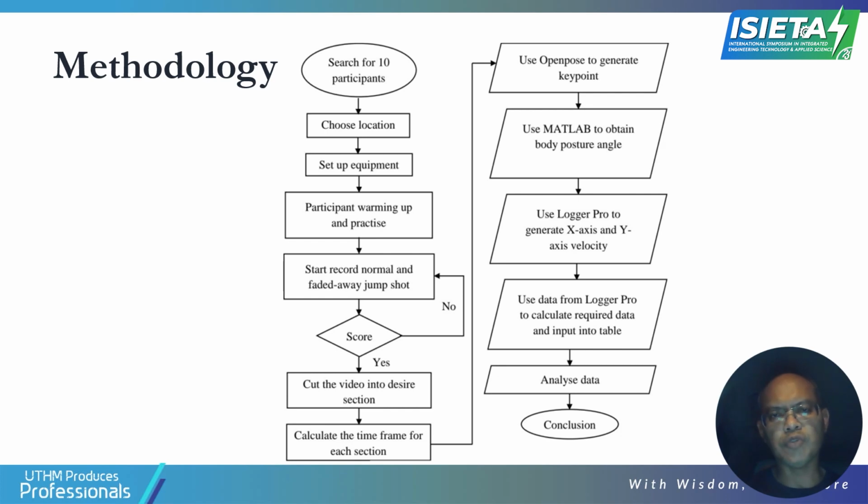Next we use Openpose to generate key points, and then we use MATLAB to get the body posture angle. Another one, we use Logger Pro to generate the x-axis and y-axis velocity. From that, we use data from Logger Pro to calculate the required data input table. And the last stage is the data analysis.